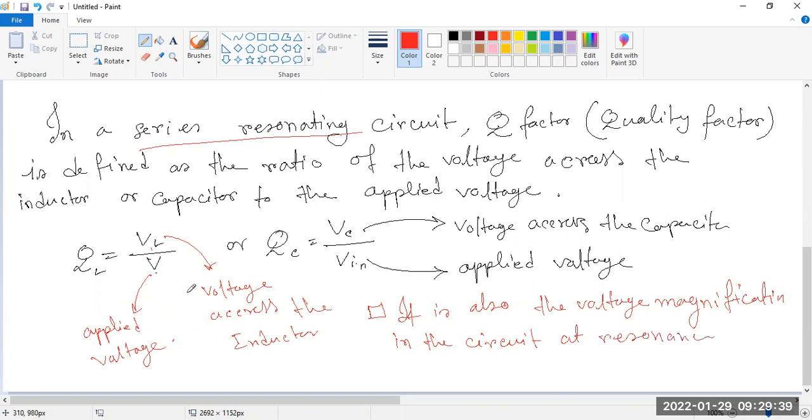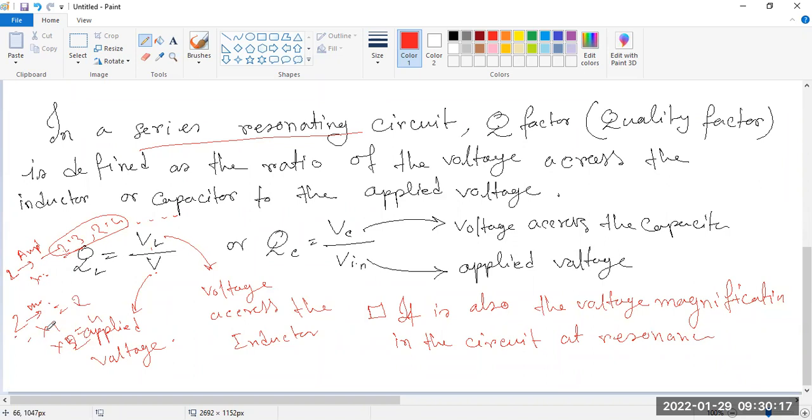Guys, what is the magnification and what is the amplification? Amplification means if the input is, say, 2, it may become 2.3, 2.4, whatever, but no particular multiplication is there. But magnification means it must have some multiplying factor, some particular ratio, say 2 into 1, that is 2, 2 into 2, that is 4.